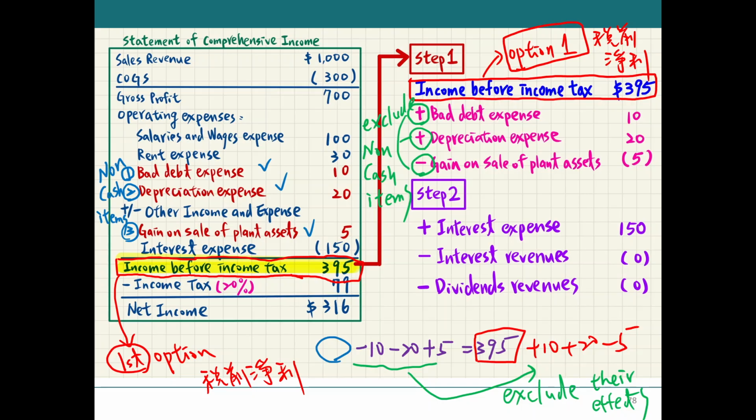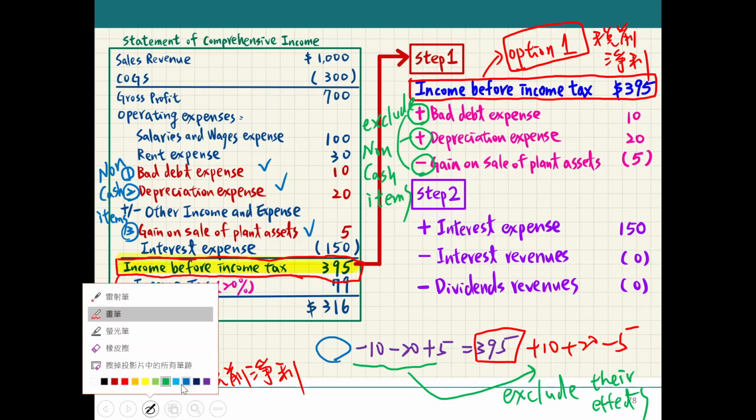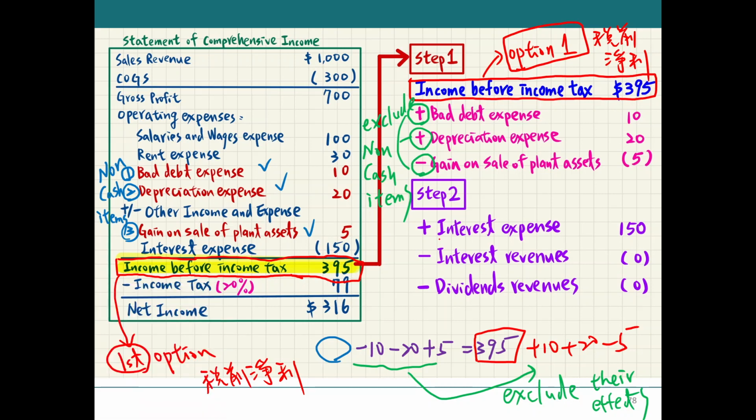So step 2 and step 3 is only for these three big guys. So did you find out? We want to know the cash flow from these three big guys. So step 2, did you find out interest, dividends? Okay? So step 2, we exclude any items related to these three big guys.